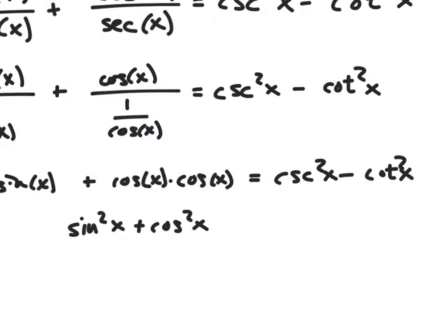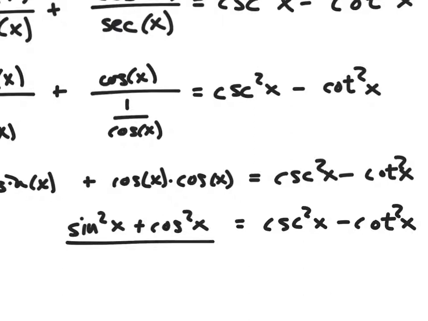And that's going to equal cosecant squared x minus cotangent squared x. Now, sine squared x plus cosine squared x, that's equal to 1. Okay, and we got to use that Pythagorean identity. And then that's equal to cosecant squared x minus cotangent squared x.